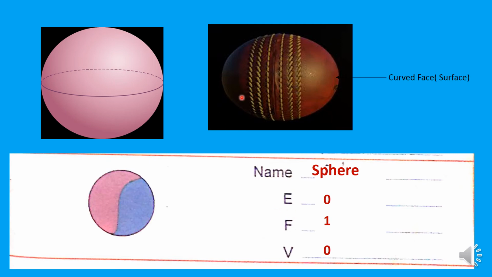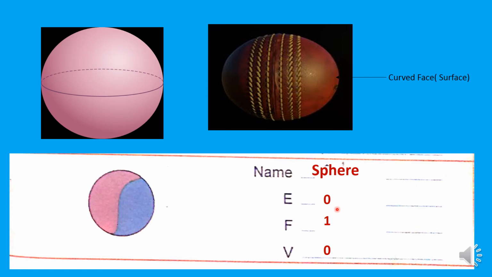Next, how many edges does a sphere have, children? Is there any edge? Is there any line? No. So a sphere has no edges. That's why we are writing 0. What is an edge, children? Say the answer.